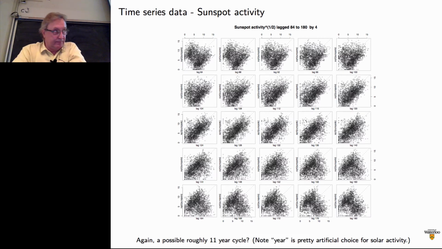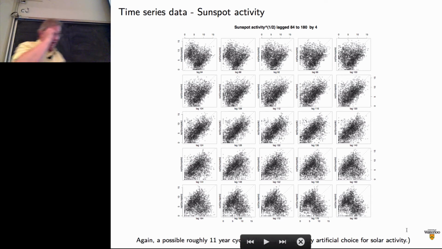Okay? So just using these lag plots, looking at what's happened now versus what happened some time period ago with these nice regularly spaced series, we can start to see some patterns. Okay, which suggests something that may be happening physically underlying the phenomenon of sunspots.